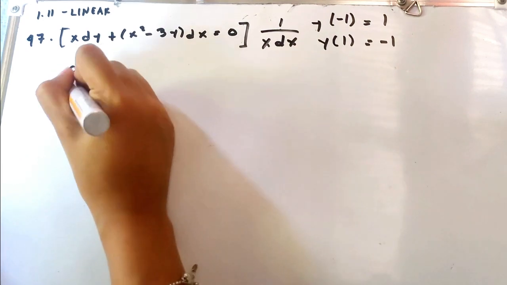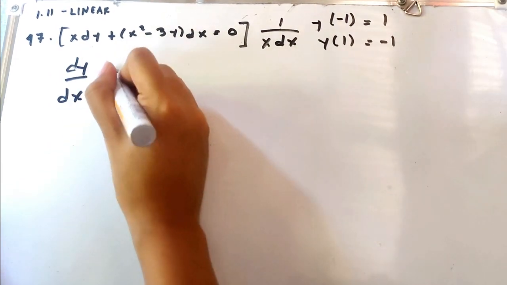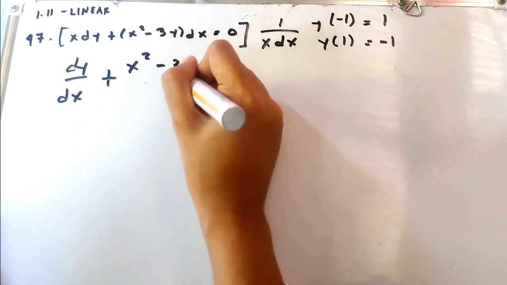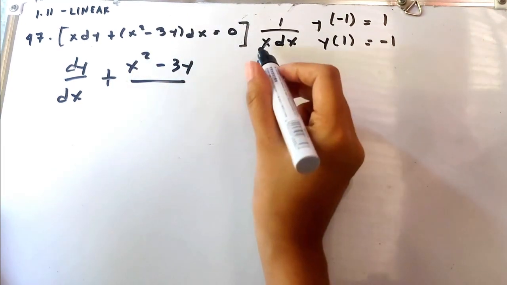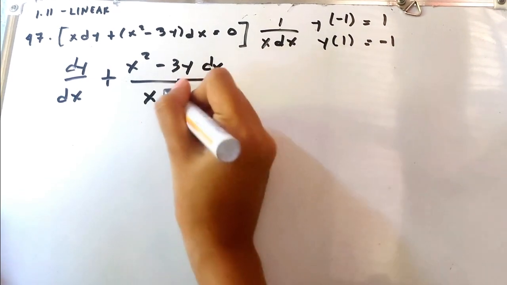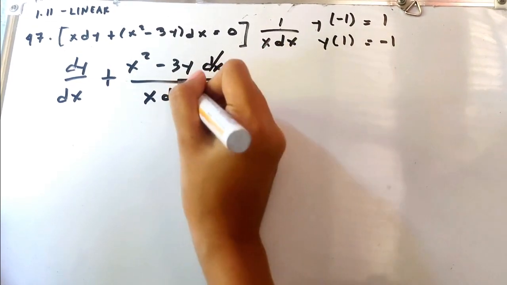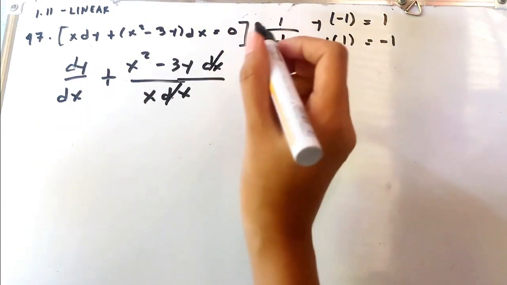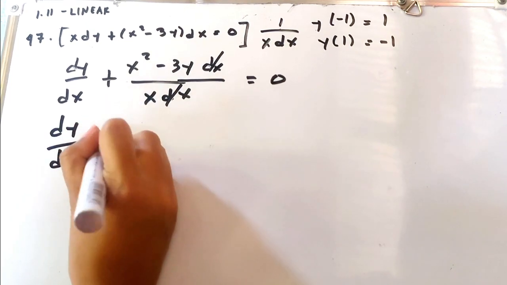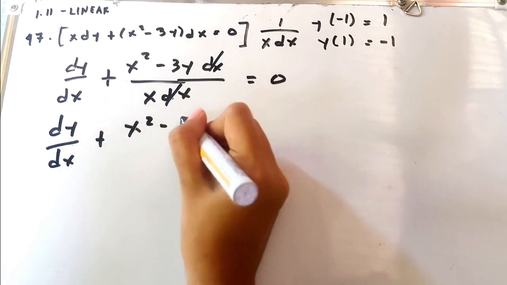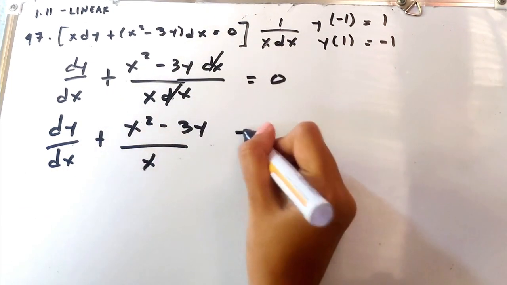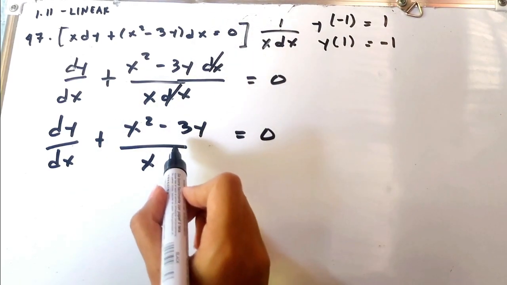So dy over dx plus (x squared minus 3y) over x is equal to 0. As you can see, we can separate them.